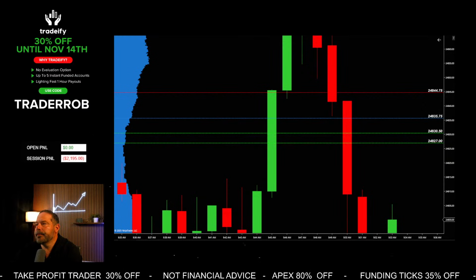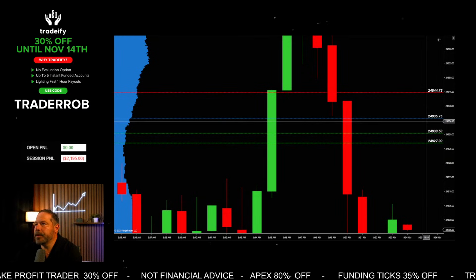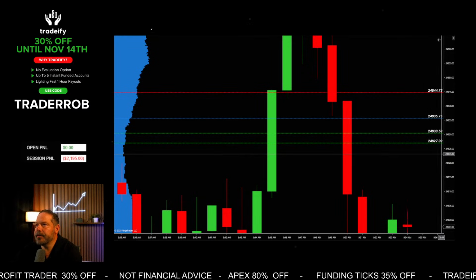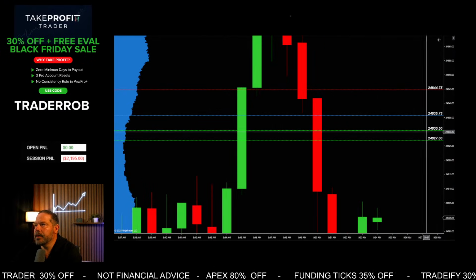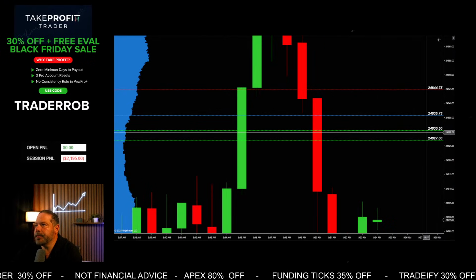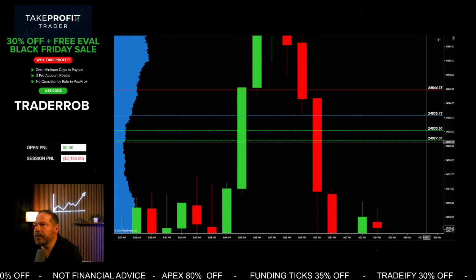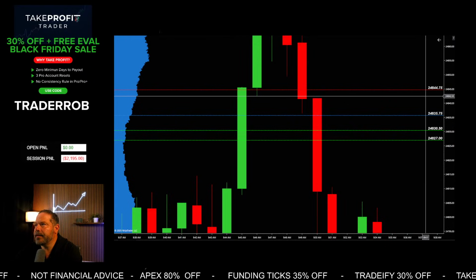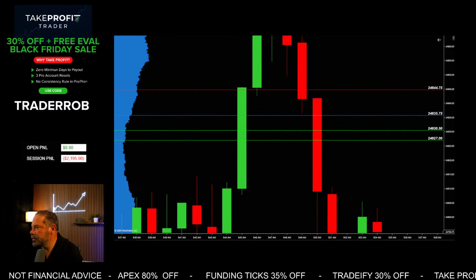All right. Another setup here at the 24,835.75. Still got to keep mapping these out. TP1 at 24,830.50. TP2 at the 24,827. Stop loss at the 24,844.